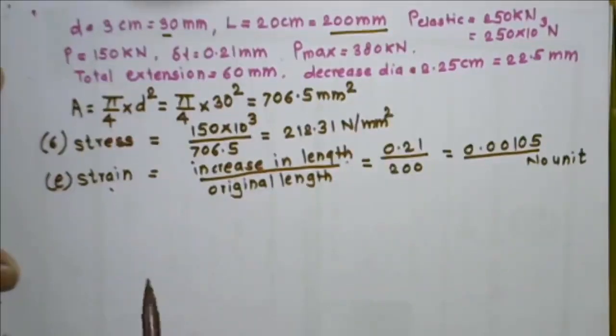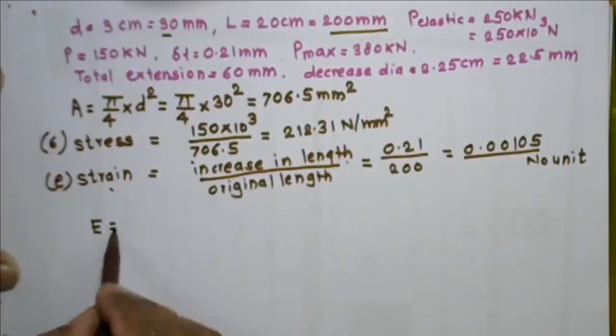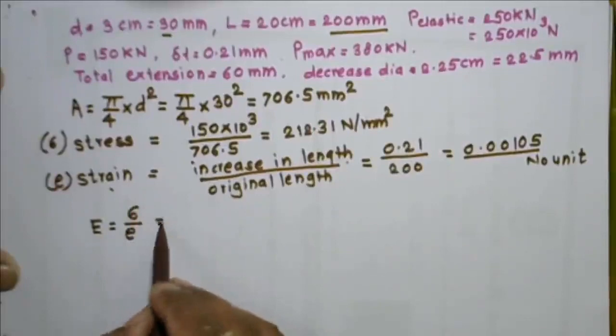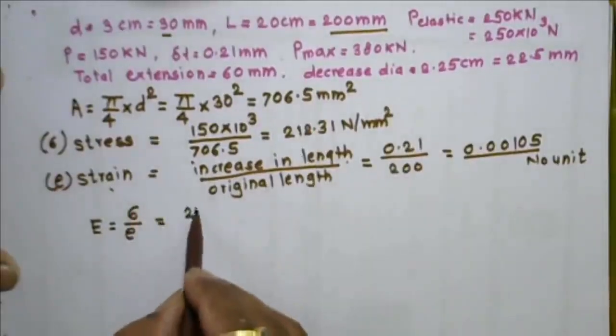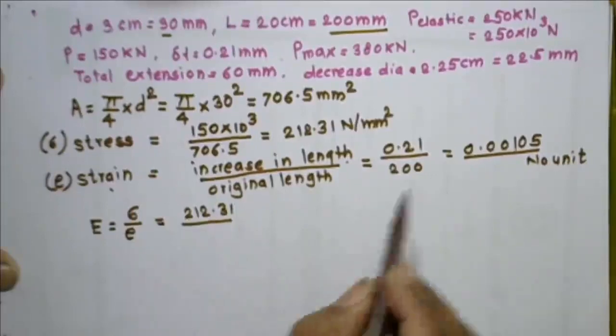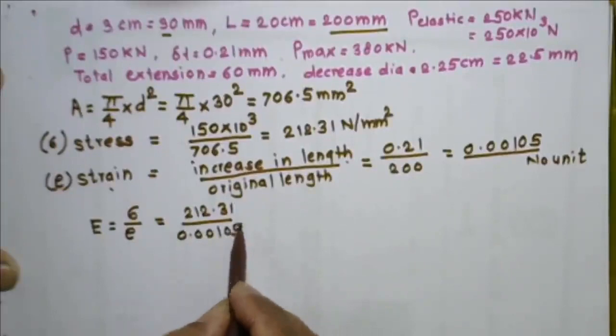Now, for the first answer we have to calculate the modulus of elasticity. Modulus of elasticity E is equal to, the basic equation, sigma upon strain. Sigma we have already calculated, 212.31. Strain we have calculated, 0.00105.